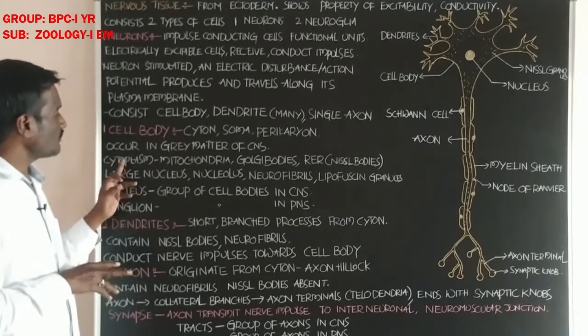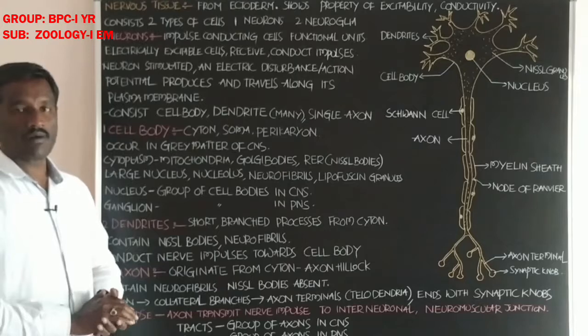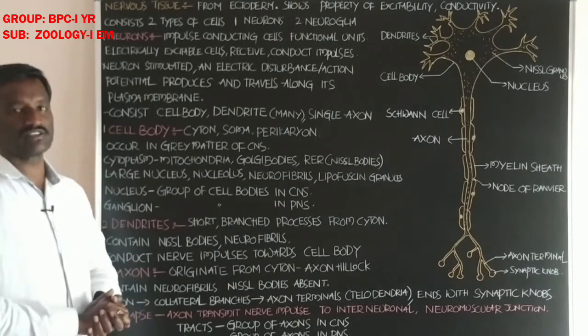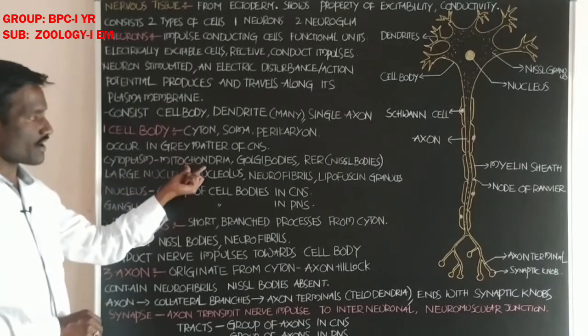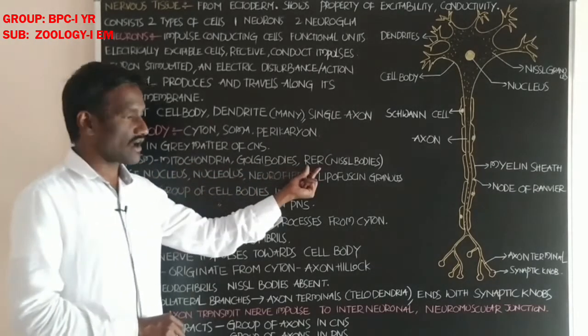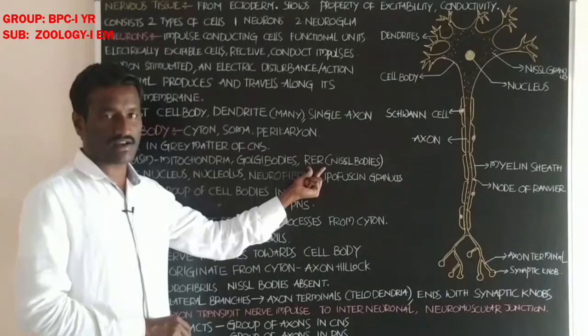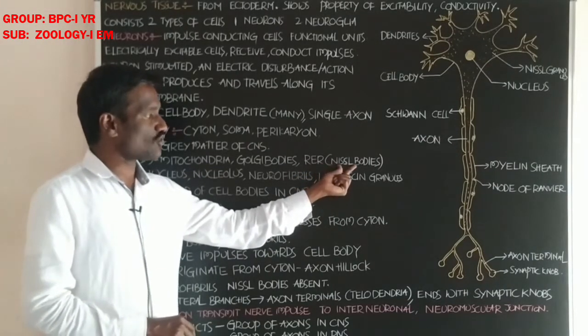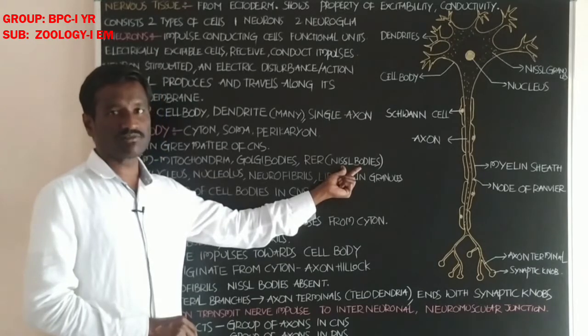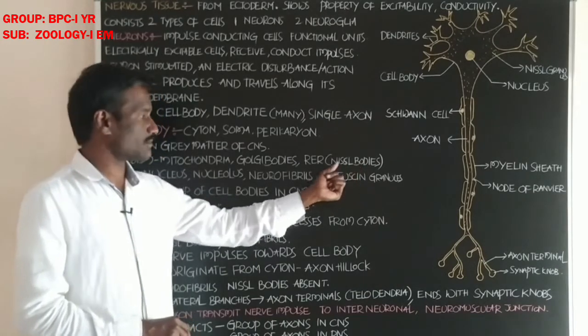Next, students, cytoplasm. An abundant amount of cytoplasm is present at the region of the cell body, consisting of mitochondria, Golgi bodies, and rough endoplasmic reticulum. RER means rough endoplasmic reticulum. These are also called Nissl bodies and help in protein synthesis.